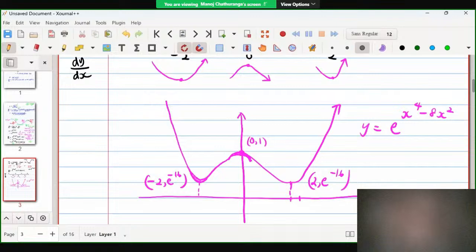See, at first we had no idea about the graph, but then using our knowledge about derivatives, we were able to sketch the graph. This is not the perfect picture, but we know how it behaves.